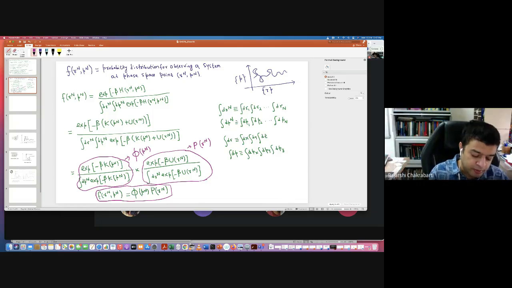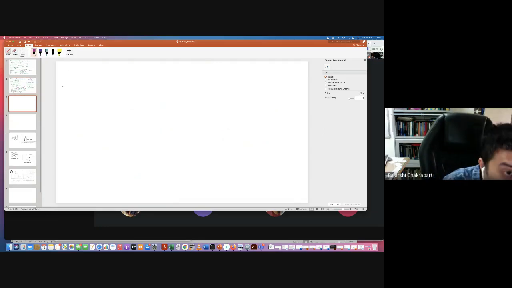You remember the de Broglie wavelength? You have dealt with it, no? I'm just not writing it here. So what is this phi? Then I can always write, okay, what is this phi? Phi is a function of p to the power of n. In words, if I write, what should I write? This is the probability distribution for observing the system at a momentum space point.